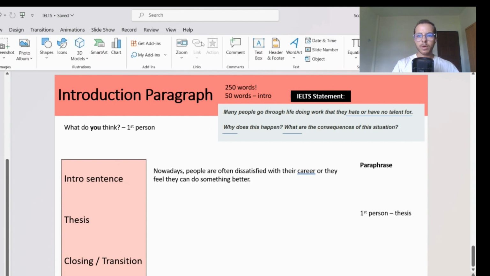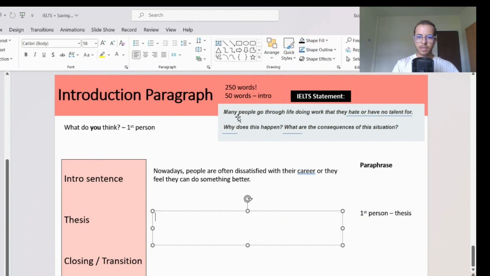Now, remember, with your thesis statement, it needs to address the first statement and have two supporting clauses. Luckily, today, we have those two supporting clauses, the why and the what. So my structure is already built into the question.